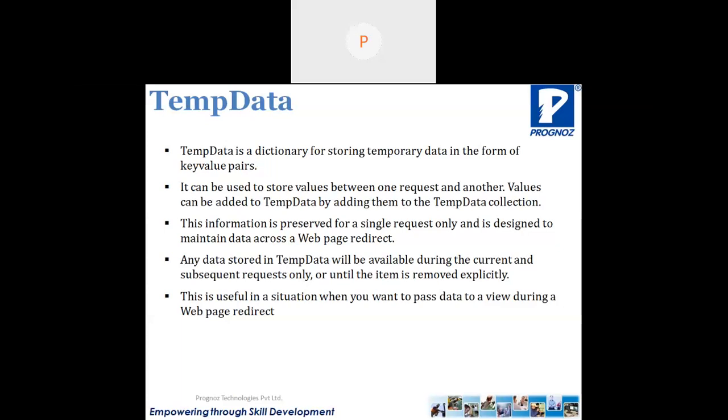So what exactly is TempData? It is a dictionary for storing temporary data in the form of key value pairs, and it can be used to store values between one request and another.